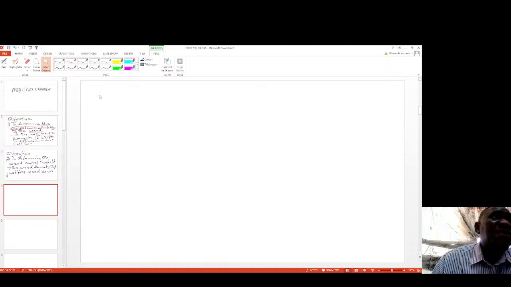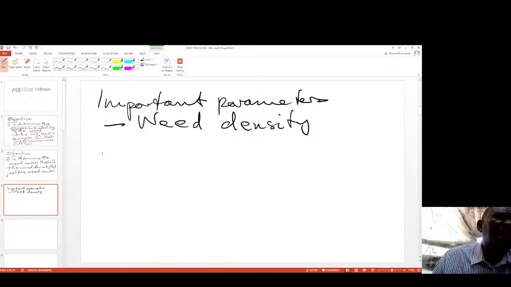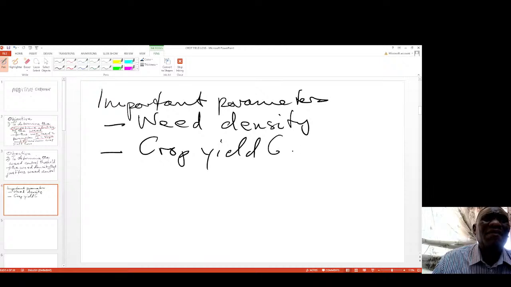So the parameters which you get from the additive experiment, important parameters, are weed density and crop yield, or biomass.